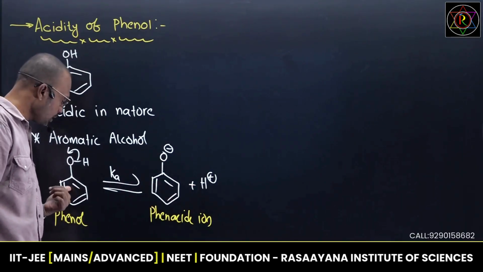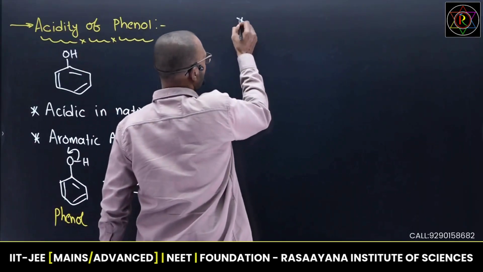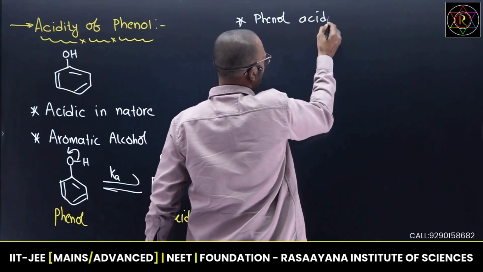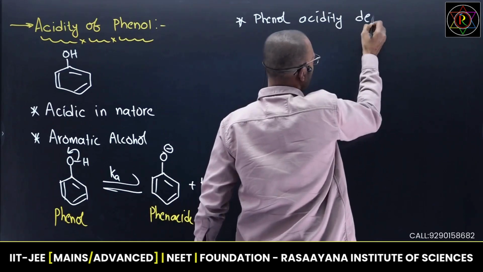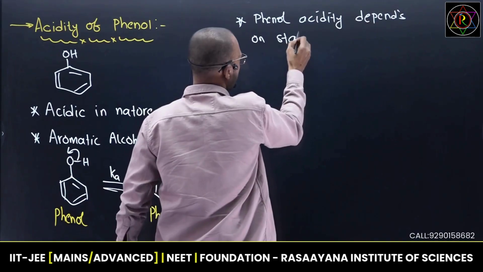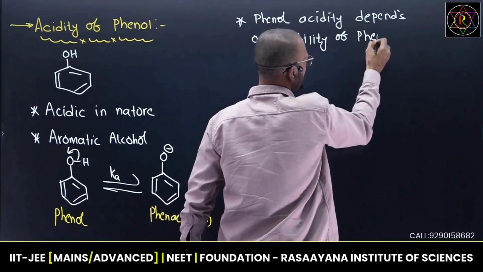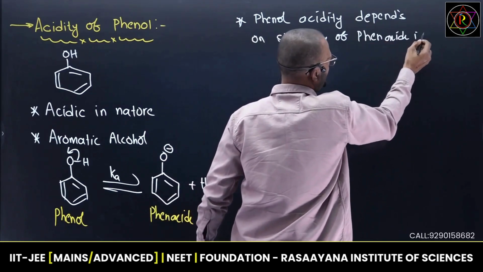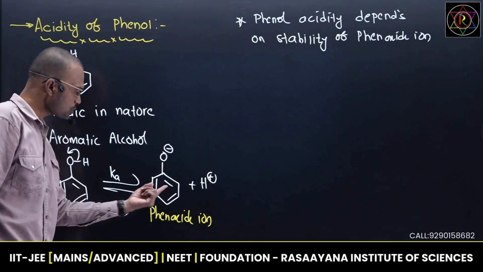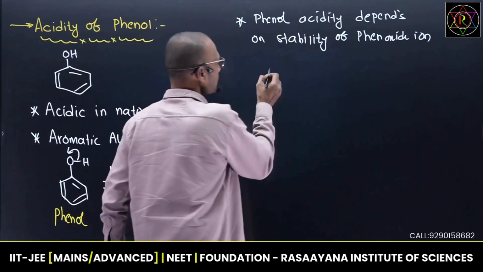So indirectly I am saying that phenol acidity depends on the stability of the phenoxide ion. If this is more stable, more acidic. Less stable, less acidic.